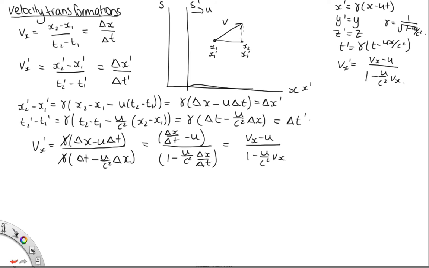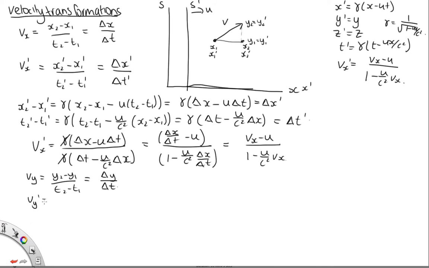Now the particle might also have some velocity in the y direction, so let's consider that. It's going from y1 up to y2, or y1 prime up to y2 prime, which actually turn out to be the same thing due to this part of the Lorentz transform here. So what we can write is Vy is equal to y2 minus y1 over t2 minus t1, which is equal to delta y over delta t.